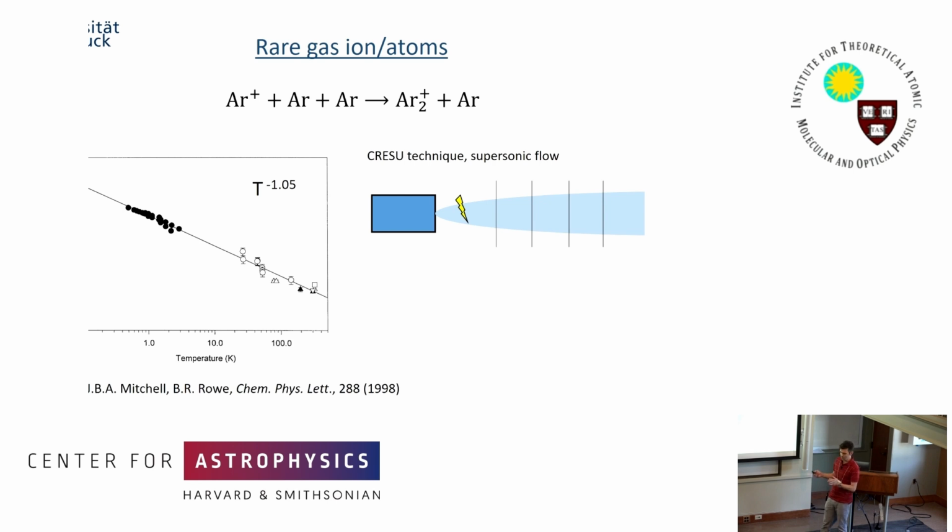And of course, I don't want to say that these are bad measurements, but as this is expanding, you're also changing the density, you're changing the temperature. This is all non-trivial, right?